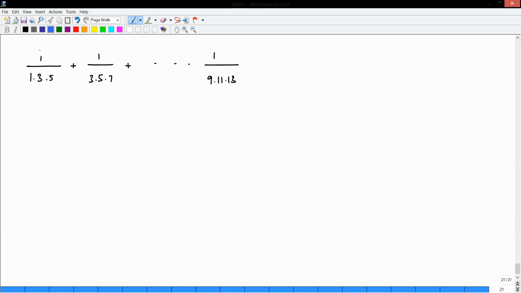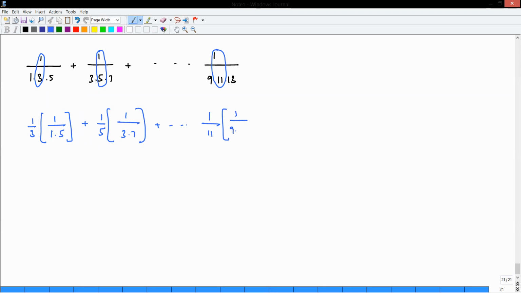Take out the middle one first. 1 by 3, 1 by 5, 1 by 11. Write it outside. Now what is the inside sequence? Only look at the inside one. 1 by 1 into 5, 1 by 3 into 7, 1 by 9 into 13. It goes on like that.